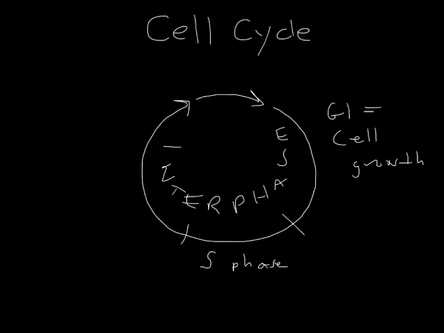S being for DNA synthesis, but again known as DNA replication or the copying of chromosomes. And G2 phase or growth phase 2, the growth that takes place prior to the actual cell division event, which we call nuclear and cytoplasmic division, or otherwise known as mitosis, where that one cell creates two identical new cells.